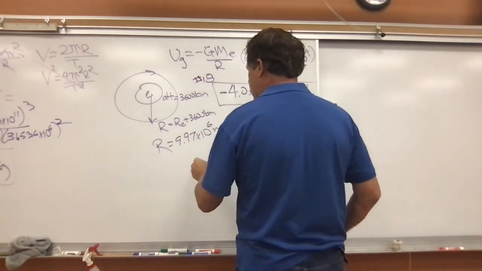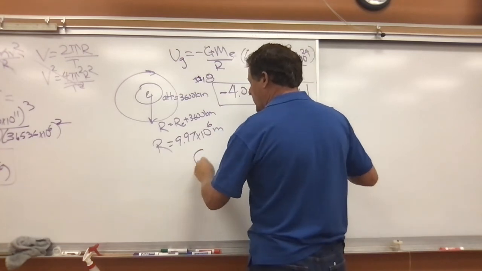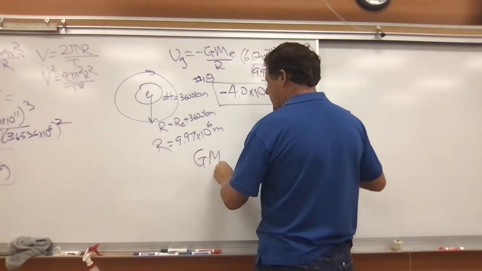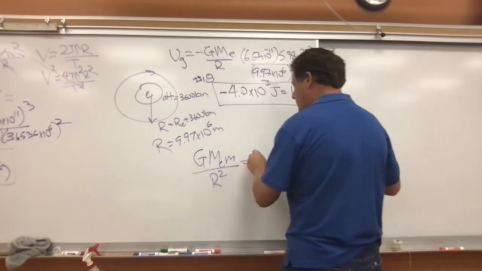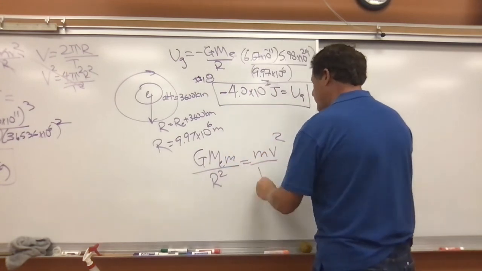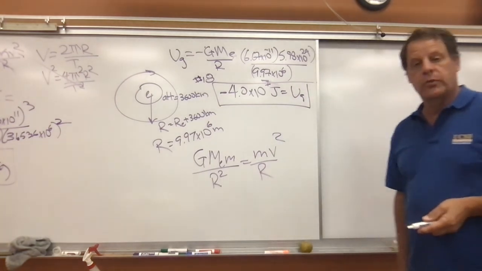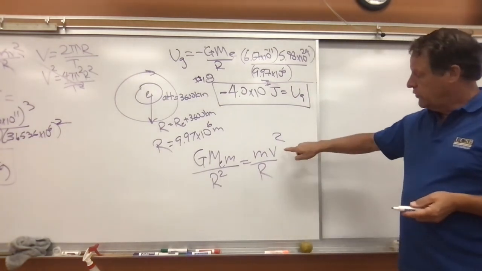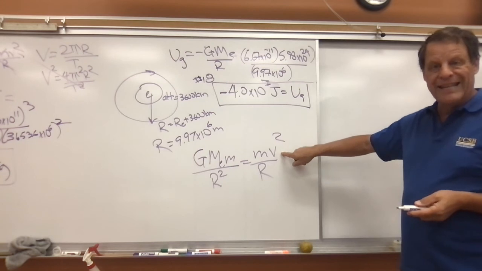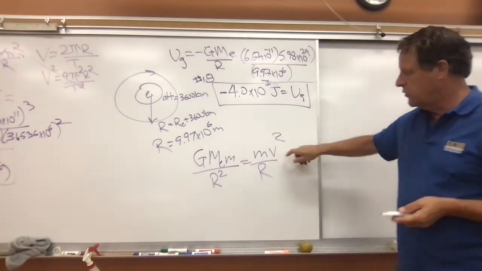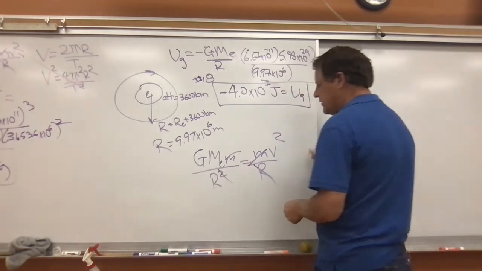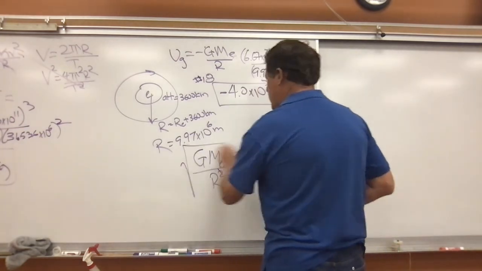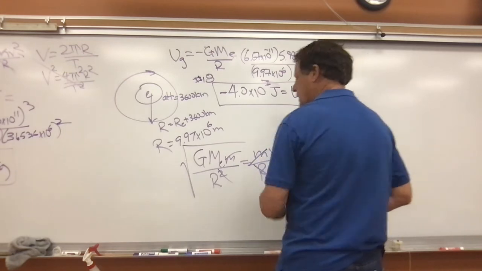We're going to have G, the mass of the Earth times the mass of the satellite divided by the radius squared is going to be equal to mv squared over r. Okay, so we want to know, this would be the orbital speed. So this is what we're looking for. So this m is going to cancel out. This r is going to cancel out. And then we're going to take the square root of that, and we're going to get v.